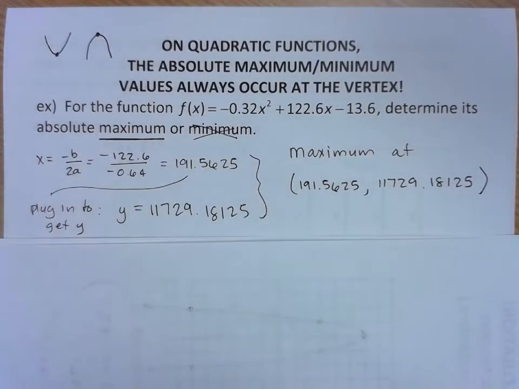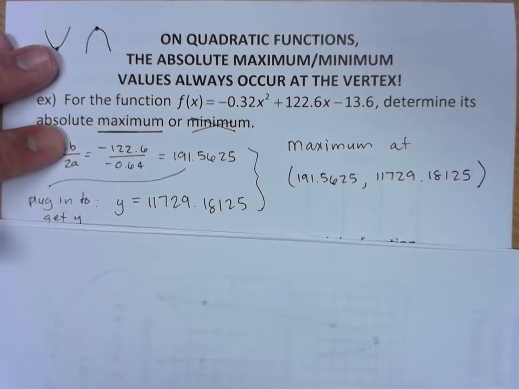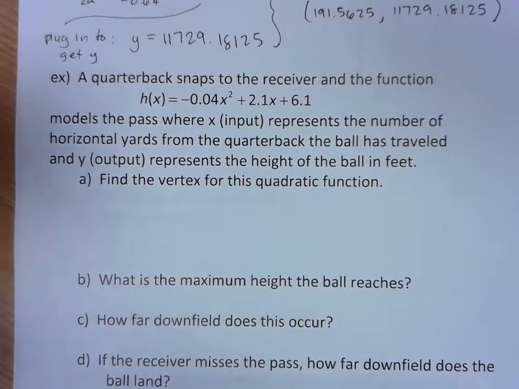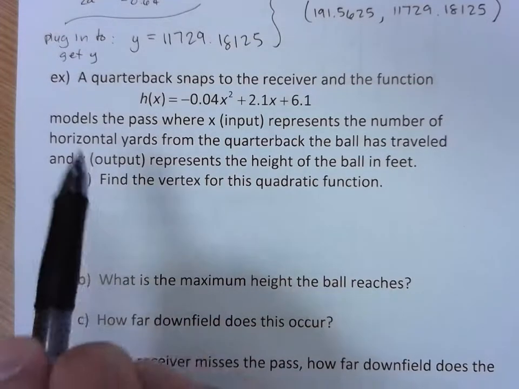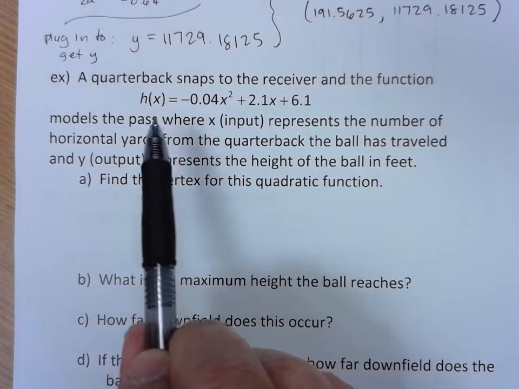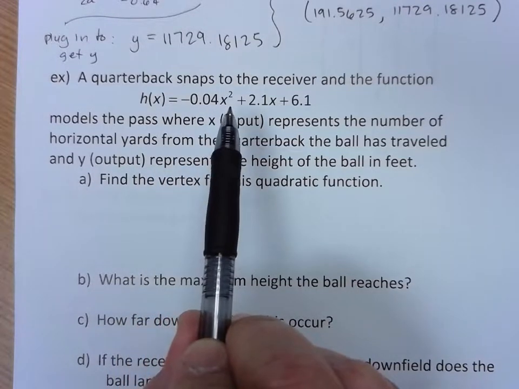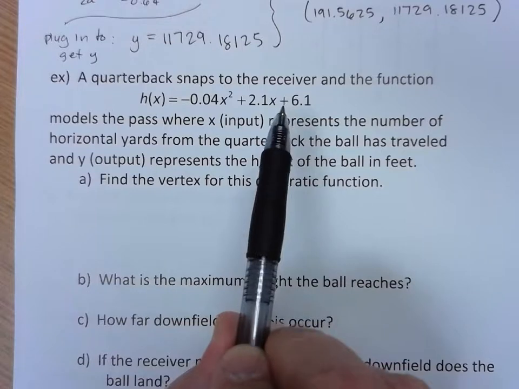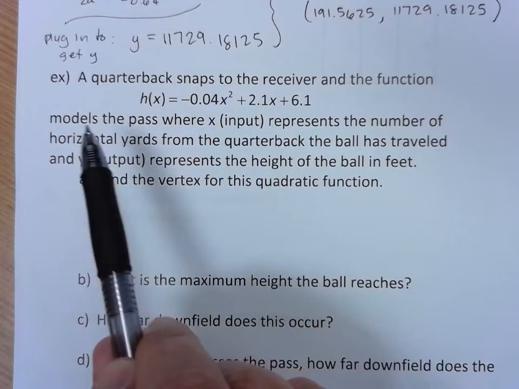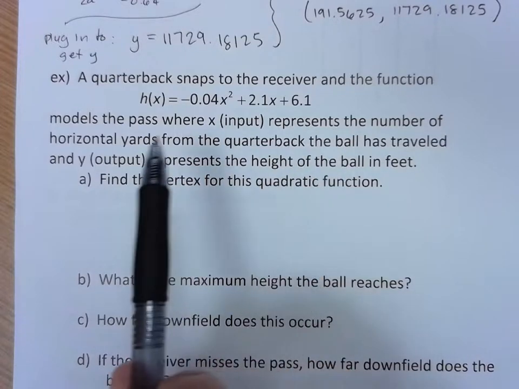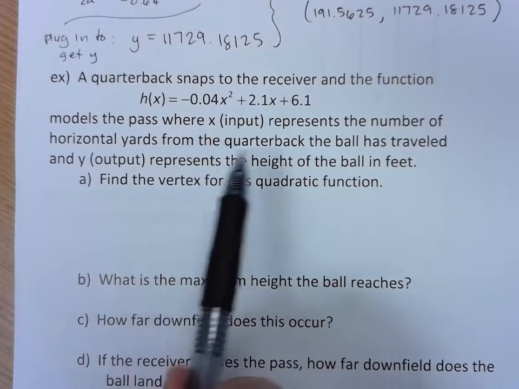Okay? So given that, I've got another example I want us to work through involving a football snapped from the quarterback. Quarterback snaps to the receiver, and this function h of x equals negative 0.04x squared plus 2.1x plus 6.1 models the pass, where your x input represents the number of horizontal yards away from the quarterback.